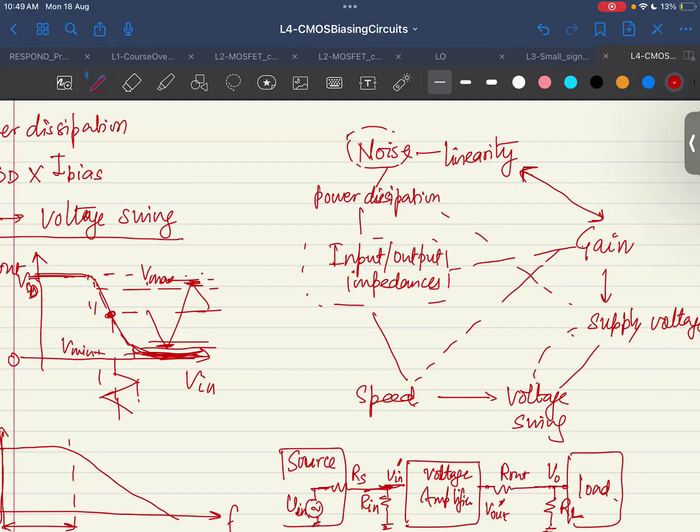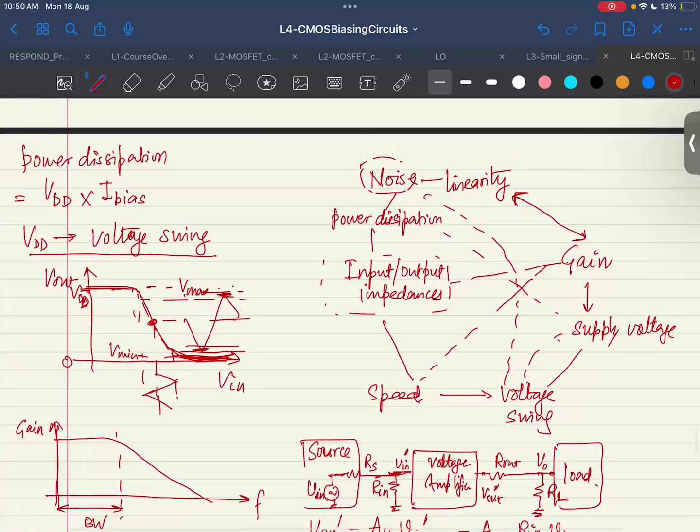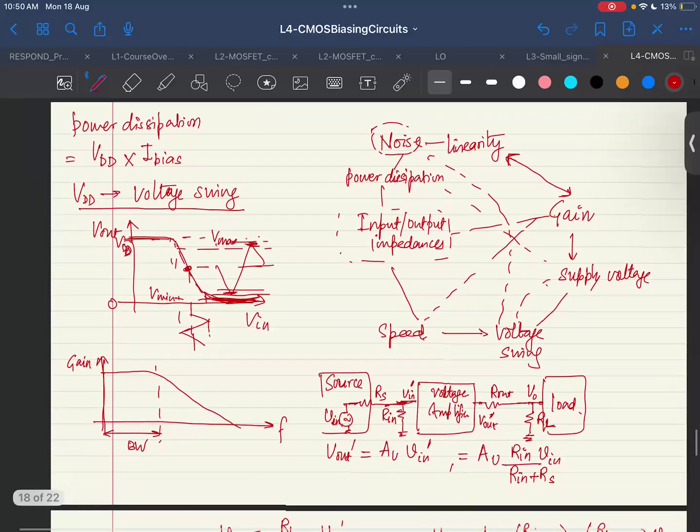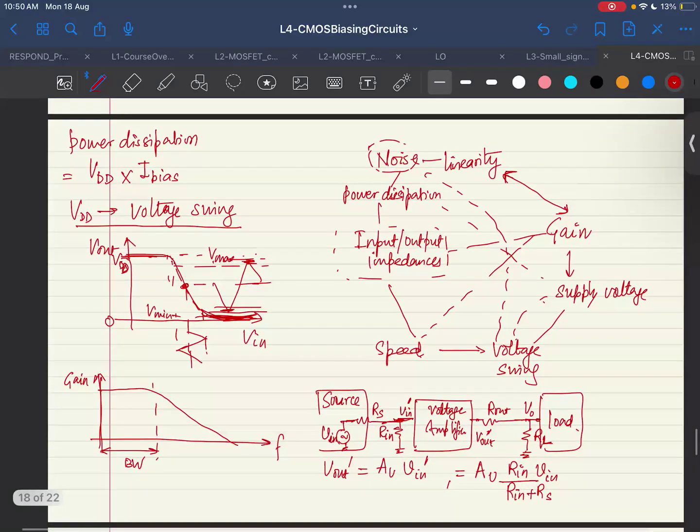So it is very much related to your voltage swing, right? Because if your voltage swing is very, very small, that means noise can kill your signal quite a bit. So that is why the voltage swing has to be something appreciable. So that is about the different trade-offs one would have when designing any analog circuits.